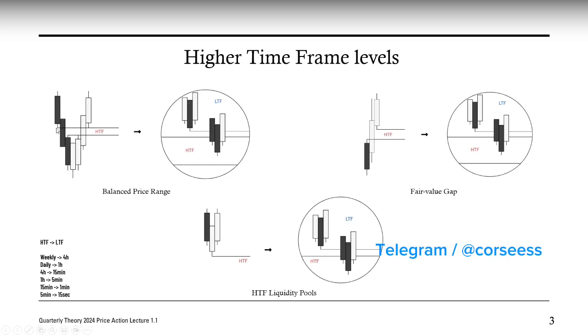So as I said, the balanced price range is basically a double fair value gap, right? So you have this gap that cuts through another gap, right? There is on this a down close candle. That's what the block candles depict.